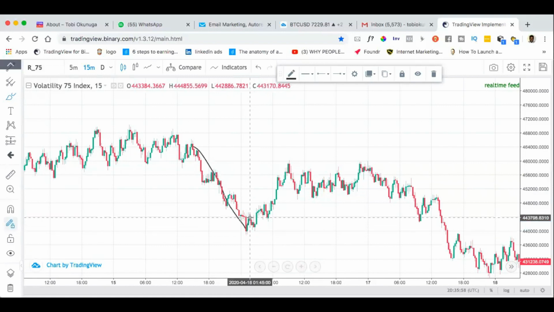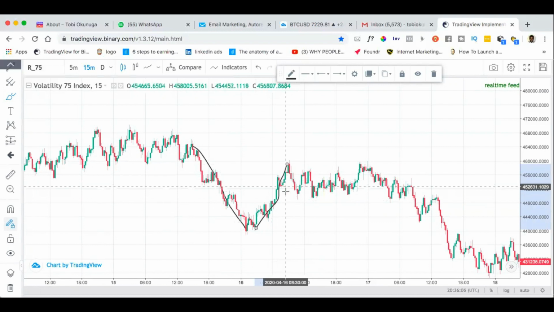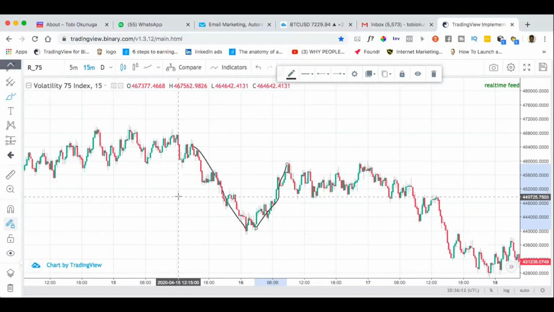You can see W before going back up. The same thing over here also. You see the head and shoulders pattern over here. The market forms either a W or M or heads and shoulders.